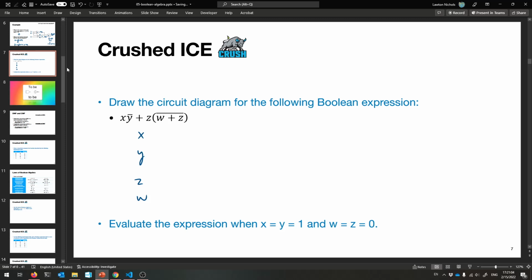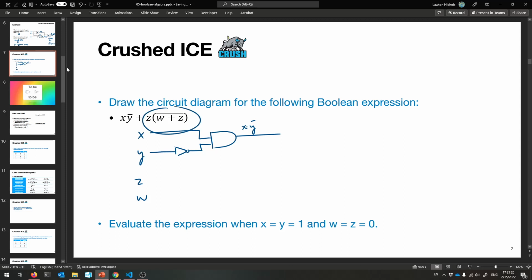We need to AND together first X and Y negated, so we have to negate Y using a NOT gate or an inverter, and then take it with X, put it into an AND gate, which looks like that bullet from Super Mario Brothers. And so now this wire is holding X times Y bar.